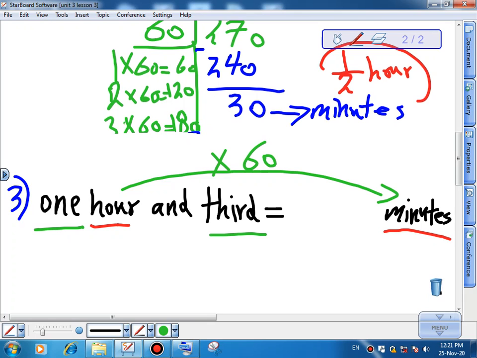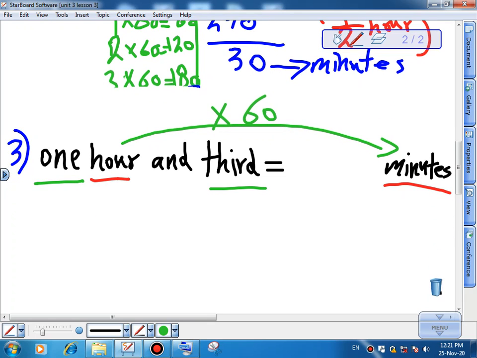1 hour and a third. Third means 1 divided by 3. And 1 means 1. But we don't need to convert the letter into digits. I know that 1 hour means 60 minutes, and a third of an hour equal to 20 minutes.